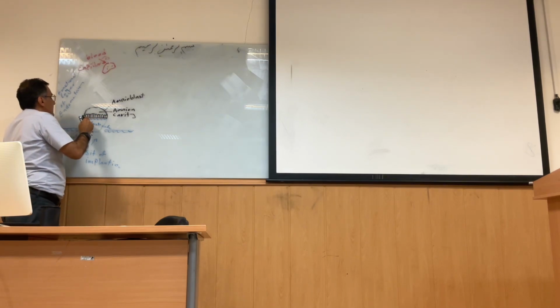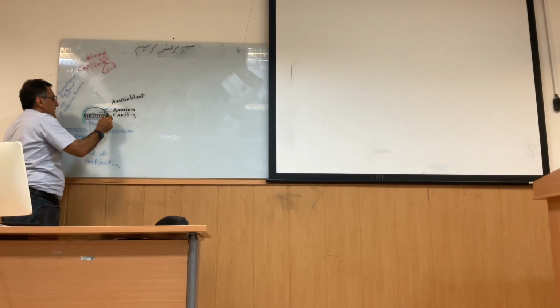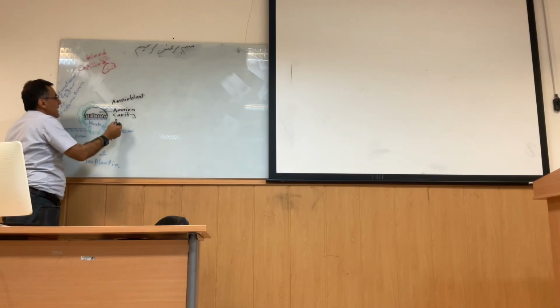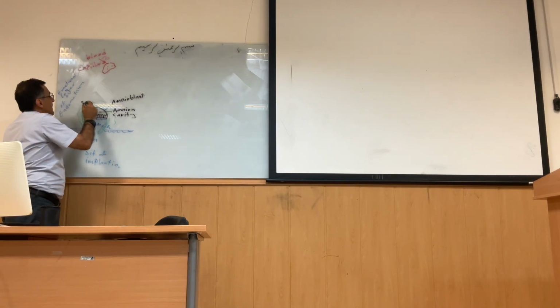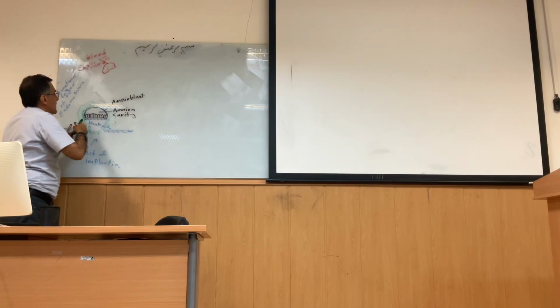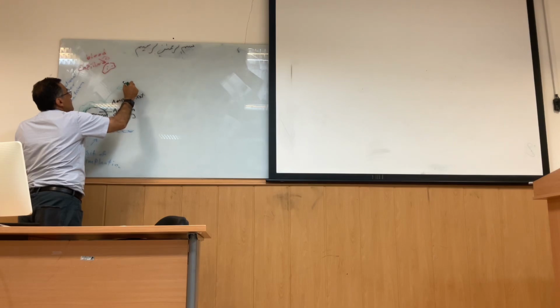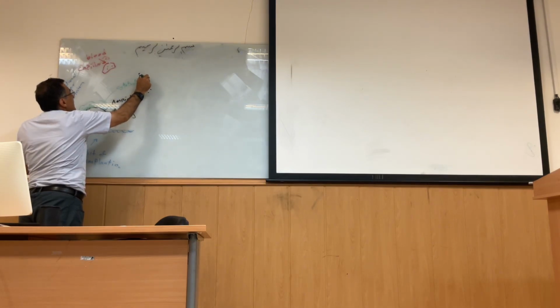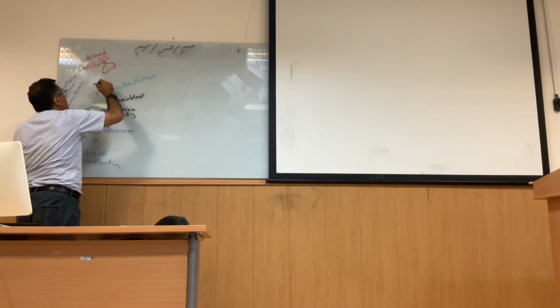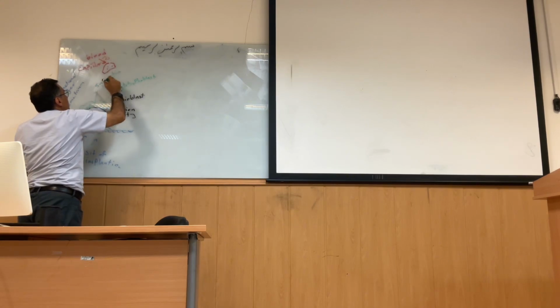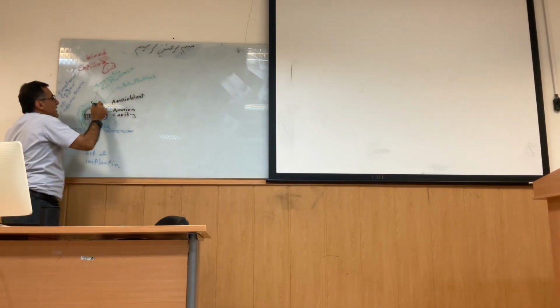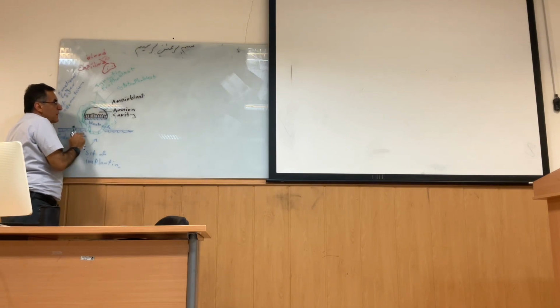The outer cell mass produces the next layers: the cytotrophoblast, and this is the syncytium. This layer is produced by the cytotrophoblast.